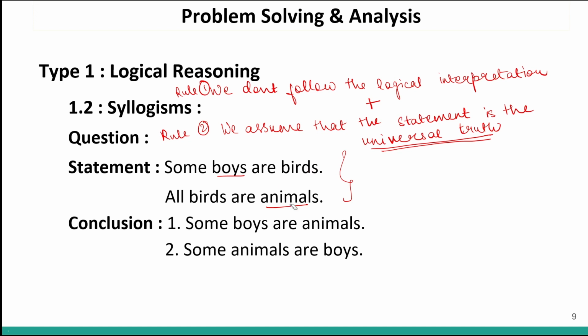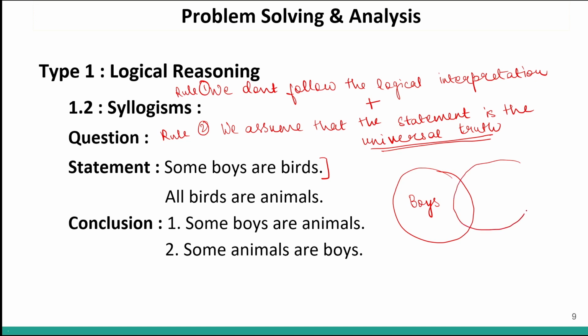Okay, now let us come to this question, that some boys are birds and all birds are animals. So as I said, if I have to write some boys are birds into Venn diagram, how will I write? Let's say this represents boys, correct? And this represents birds. So some boys are birds will be represented by this section. Correct? Moving on to the next statement. All birds are animals.